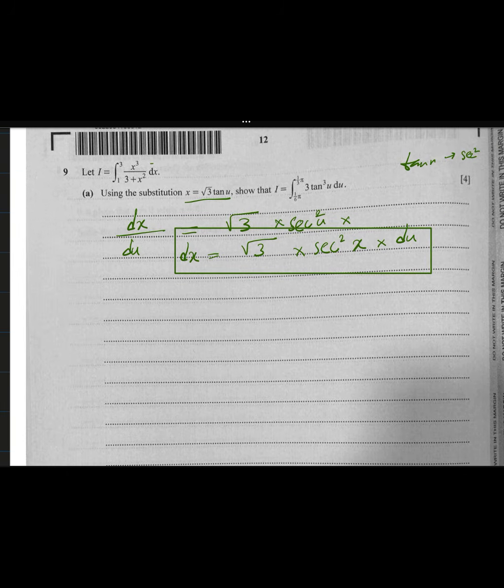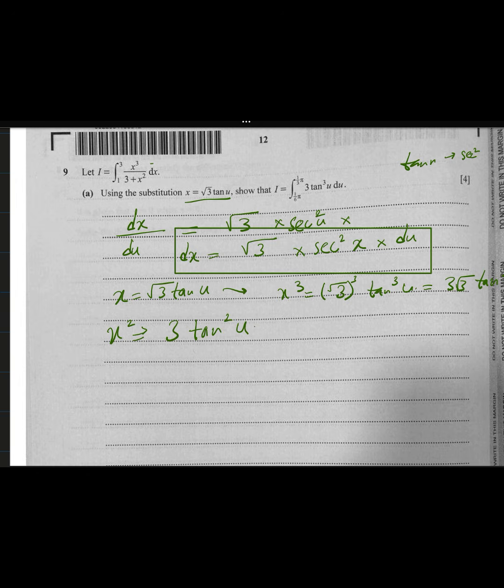Now the other part is that we have to convert these x's to u's. So x is equal to root 3 tan u. So x cubed will be equal to root 3 cubed, which is 3 root 3, and tan cube u. Then x square can be rewritten as root 3 squared, which is 3, tan square u.